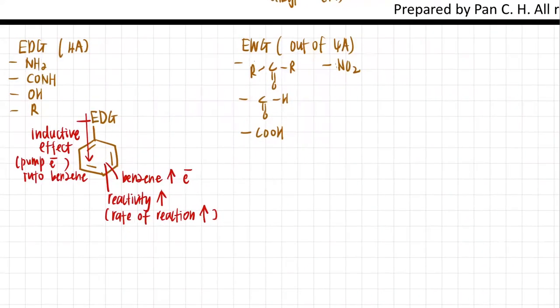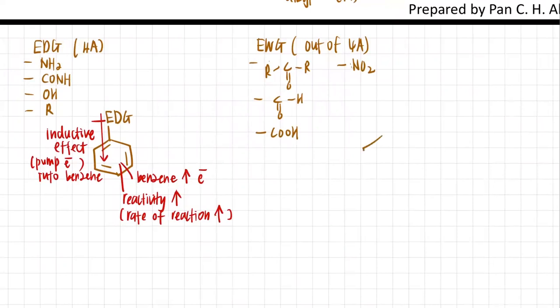Well, when we go to EWG, which is electron withdrawing group, for example, when we attach it with EWG, it will cause a deductive effect. So what is the deductive effect? The deductive effect is the inverse of inductive.